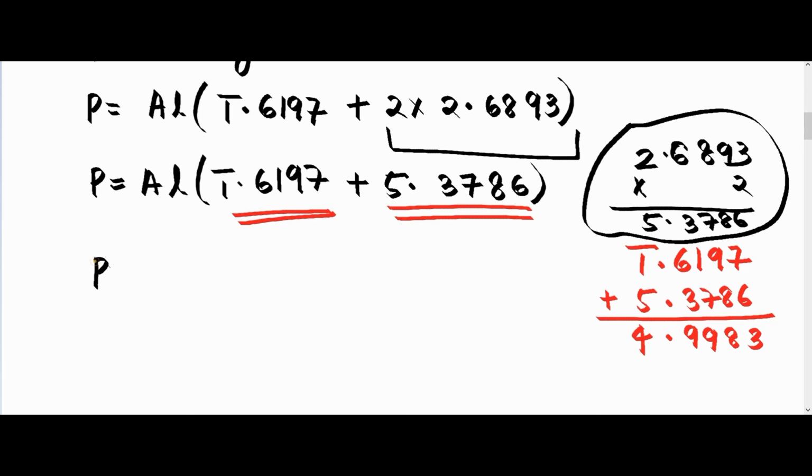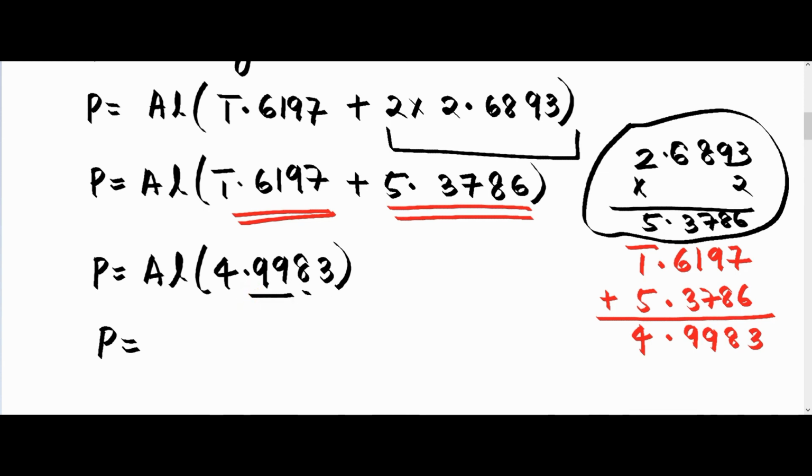So P is equal to anti-log of 4.9983. Now open your anti-log books, and in your anti-log book you have to search for 0.99 with decimal point 99, 8 intersection point, take that value, search third column of mean difference and add it up with the intersection value that you have got for 0.99 and 8.